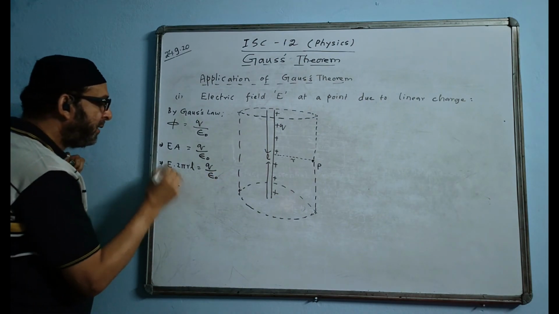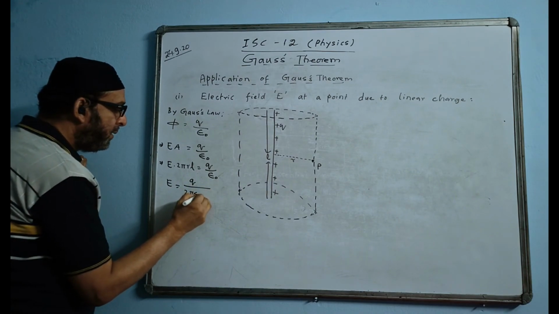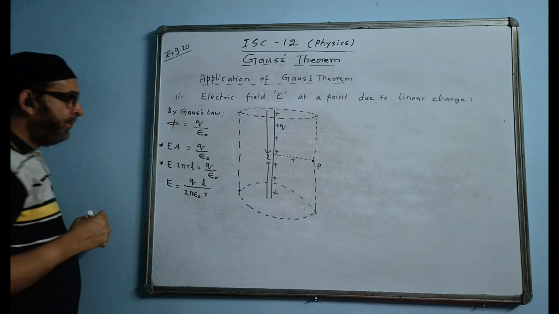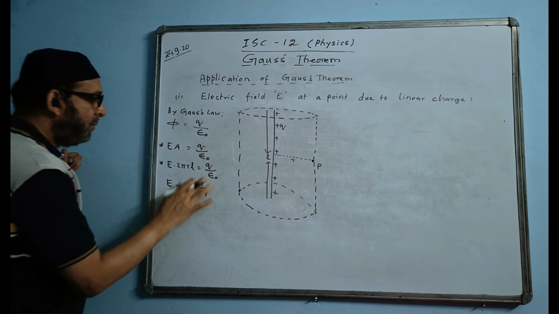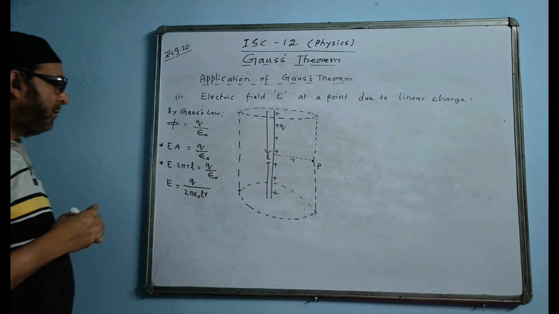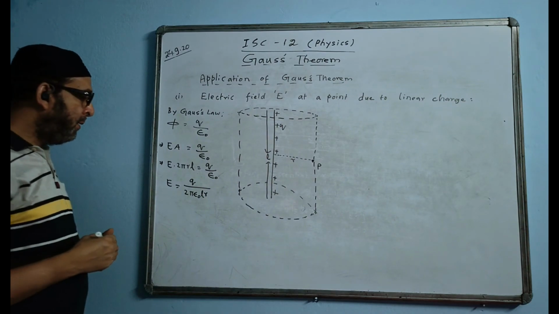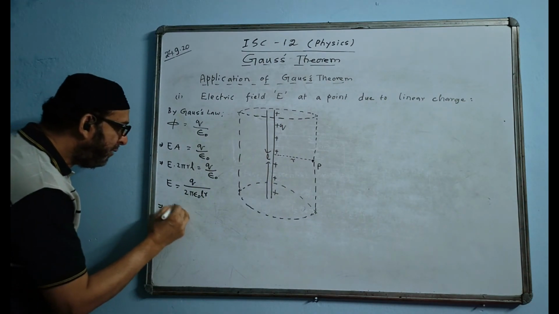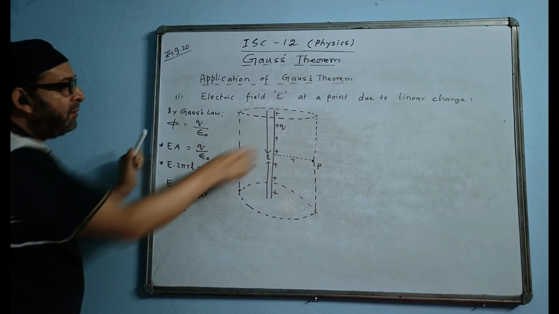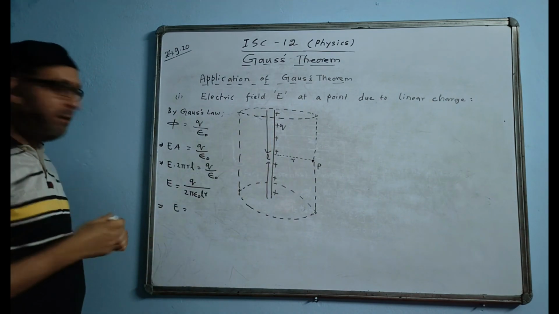Therefore, making E the subject of the formula, your answer will be E equals Q by 2 pi epsilon naught L R. Next line we write E equal to Q upon L, Q distributed over the entire length L, that we denote by the symbol lambda.